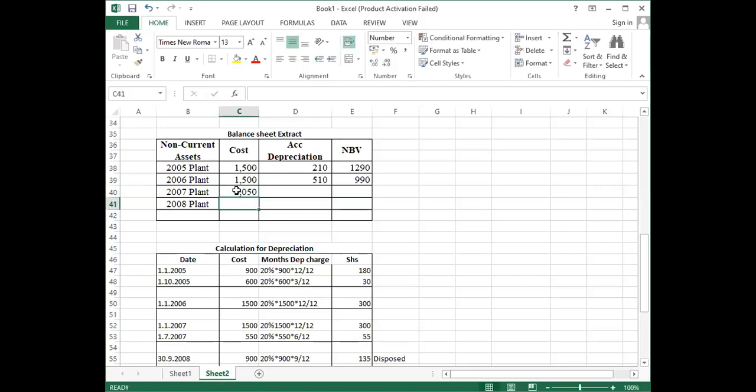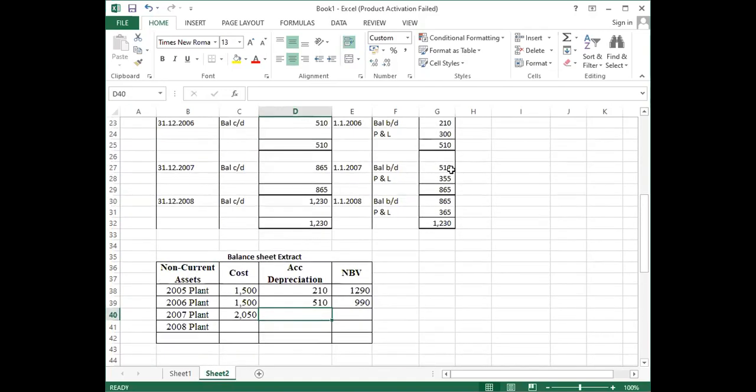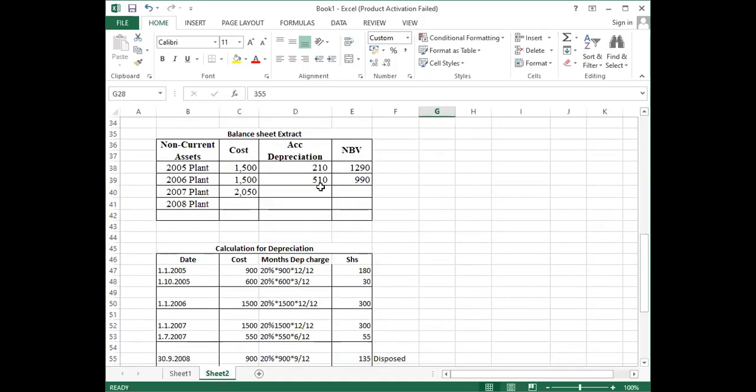What was the accumulated depreciation? 510 plus 355, can you see that? So 865. What is the net book value? 1185. Thank you.